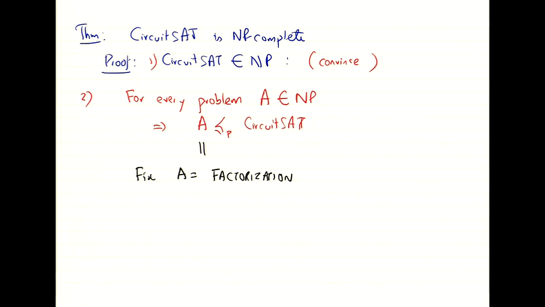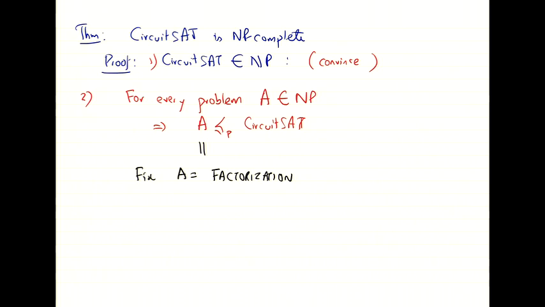In fact, the same proof shows that any problem in NP reduces to circuit SAT, and that's how we got that circuit SAT is NP complete. Factorization was just an example to keep things concrete instead of talking about an abstract problem A, but we could also have just talked about an abstract problem A. Okay, so that's one thing I wanted to clarify.